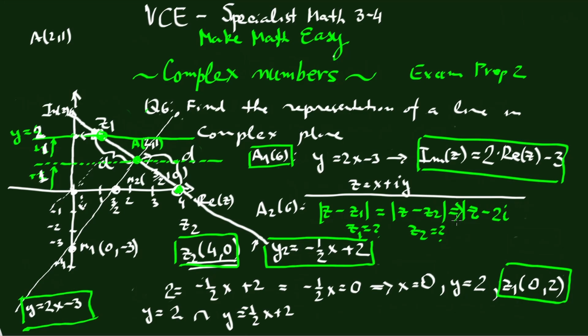So that follows that it is equal to absolute value of z minus z2, which is 4 for the real part and nothing for the imaginary. And that's the final solution.